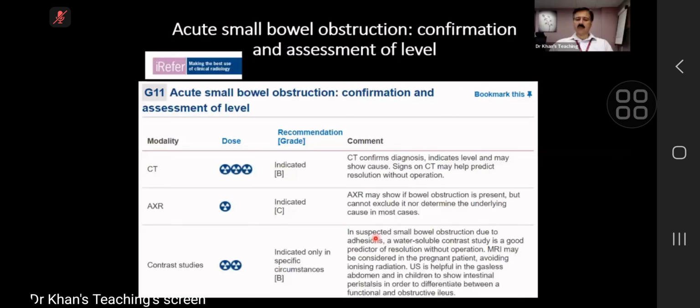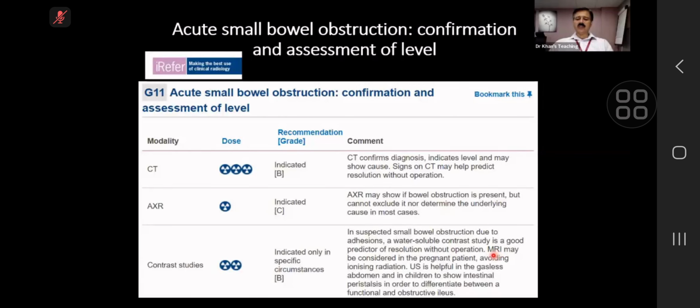Number one, concept number one. Number two, 80% of them might resolve themselves. So there is a role of what we call monitoring the case. And for that, if you do a water-soluble study, gastrografin, if it passes through, then it means that there is no need of surgery.